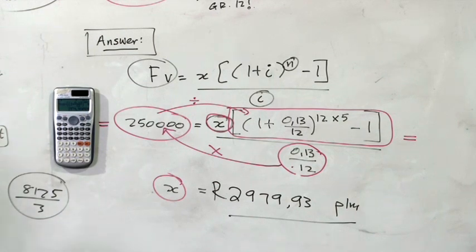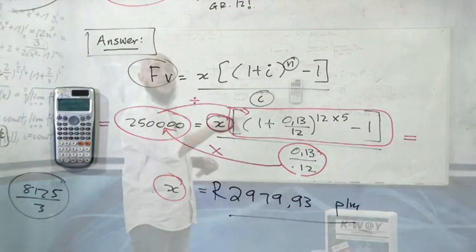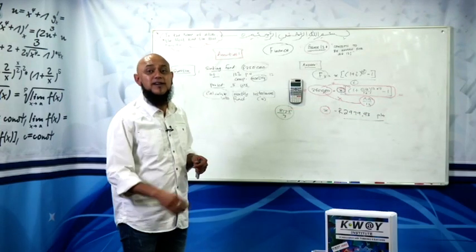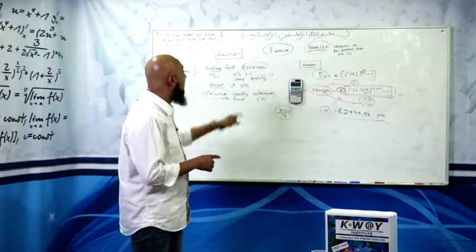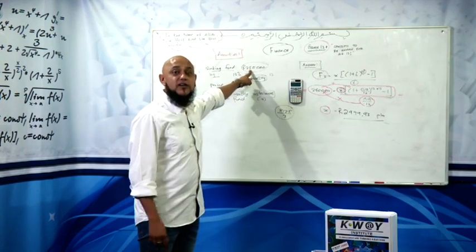If you do this consistently every month, take your 2,979 and 93 cents, go to the bank, do a debit order, whatever the case may be, put it in consistently every month for a period of 5 years. At the end of 5 years, you go to the ATM and check what your account is worth, and you will be worth exactly 250,000 rand.